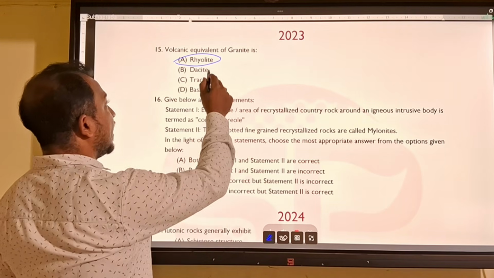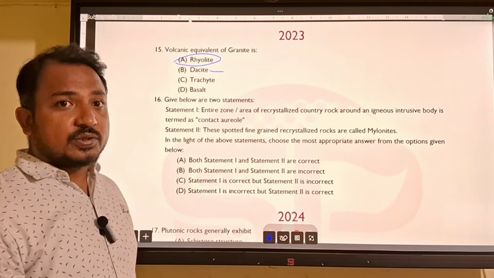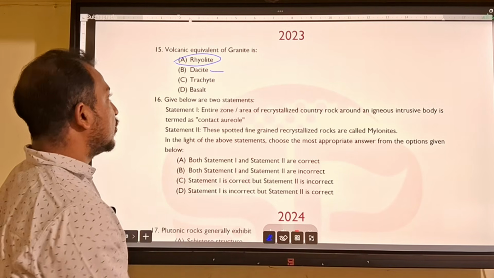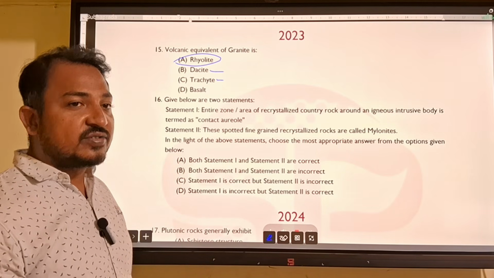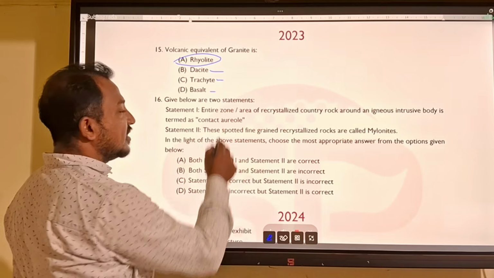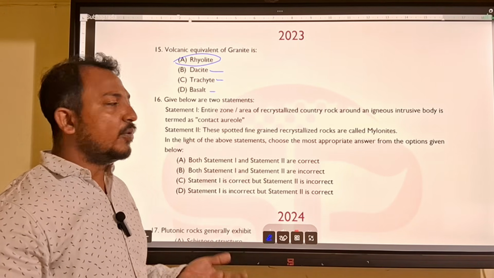Then dacite, it is a volcanic rock which has plutonic equivalent granodiorite. Trachyte has plutonic equivalent of syenite. Basalt has plutonic equivalent of gabbro and hypabyssal equivalent of dolerite.